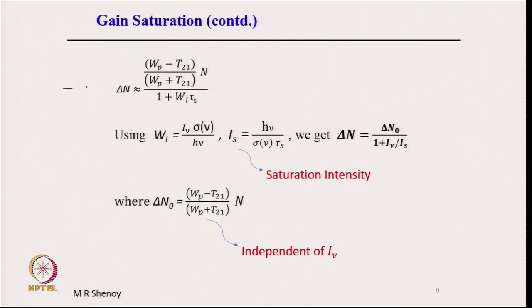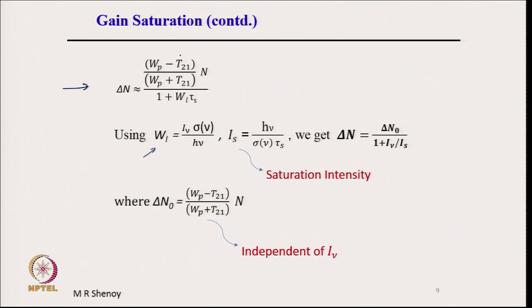So here delta n is equal to, this is what we had written there, and tau s using WL is equal to, WL is I nu into sigma of nu, the cross section, divided by h nu. This we have derived earlier in the definition of WL. And Is, if we define Is as h nu divided by sigma of nu into tau s, then we can write delta n is equal to delta n 0.